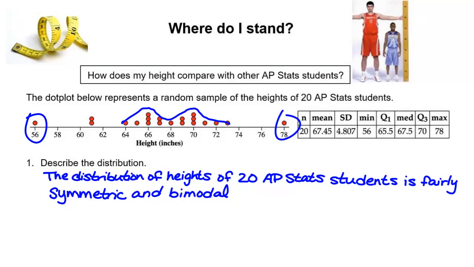And then before we say anything about possible outliers, we know how to actually check for outliers now, right? Let's grab some calculators and check to see if those two, the 56 and 78, are outliers.